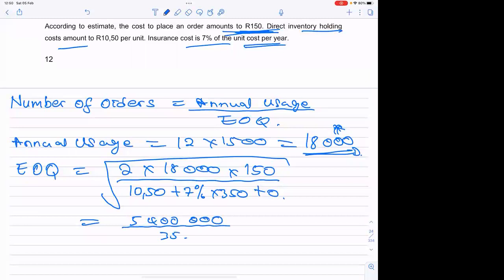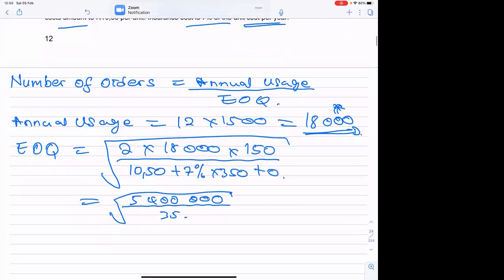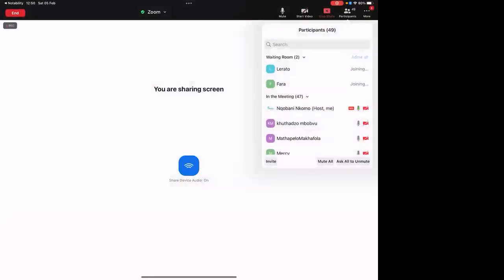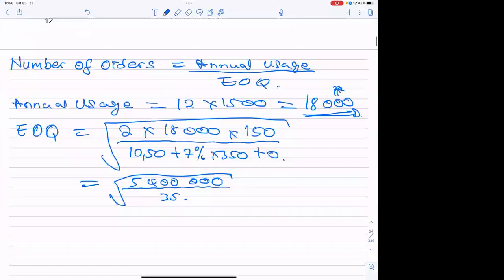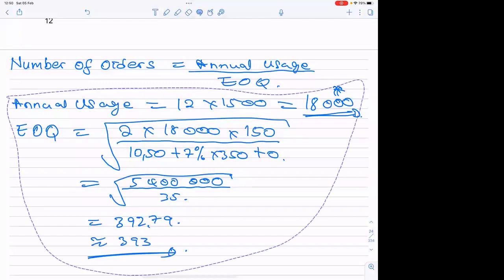I'm doing this so that when we are calculating the holding costs, it will be easy to understand. We don't have to recalculate it again. I hope you follow. So you get that 392.79 is approximately 393.